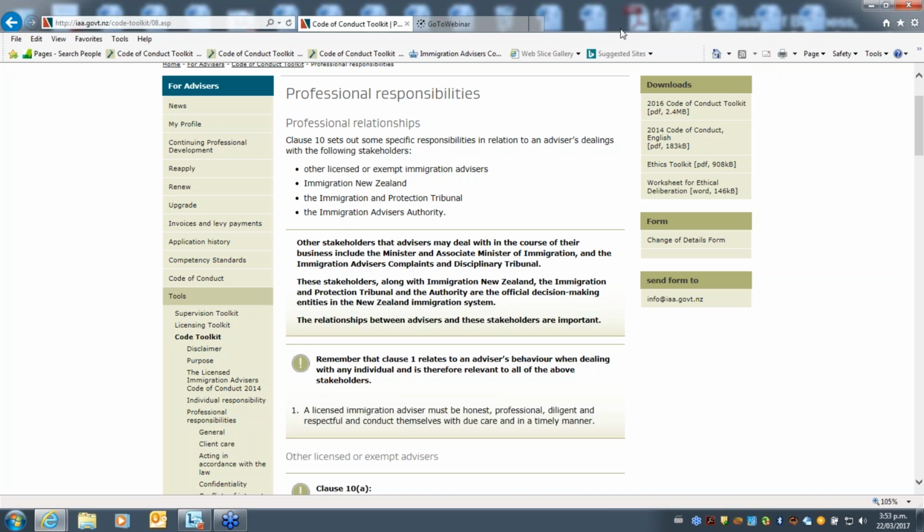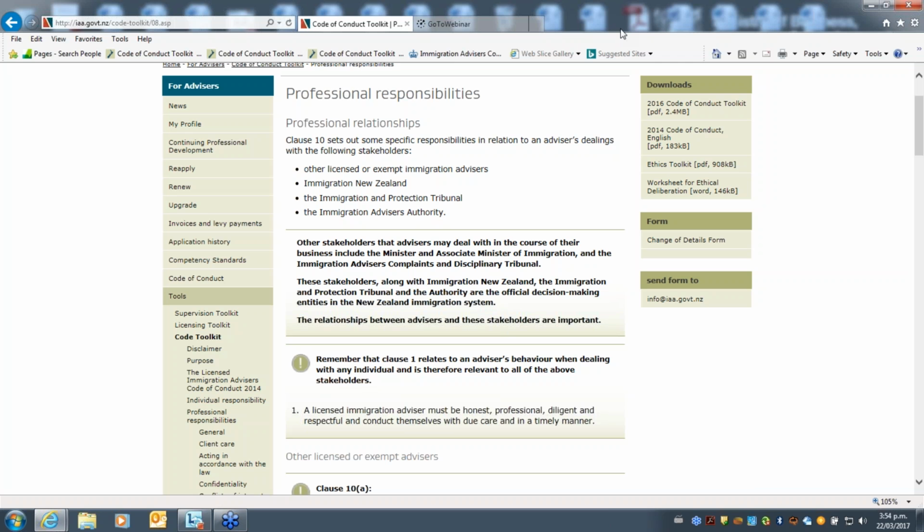But you need to stop and consider whether really you are the best person to provide advice to a family member, or is that conflict so significant that really it's better that they get professional advice from somebody else. Now that may potentially depend on the relationship that you have with that particular family member, but I would seriously consider whether you're the best person to do that or not.